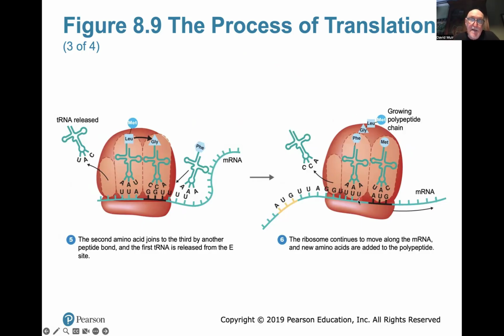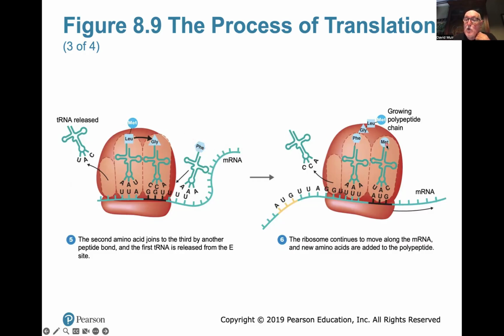And what we see continuously at the P site is a growing polypeptide chain. And look what the very first amino acid is. It's methionine. Methionine, leucine, glycine, phenylalanine. What did we have? Methionine, leucine, glycine, phenylalanine.